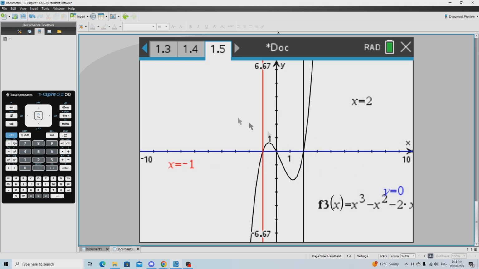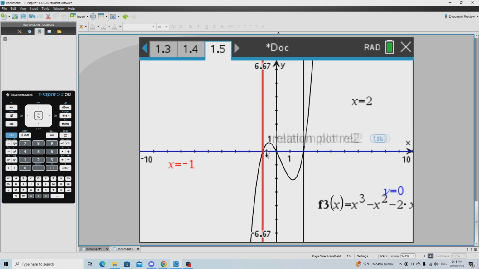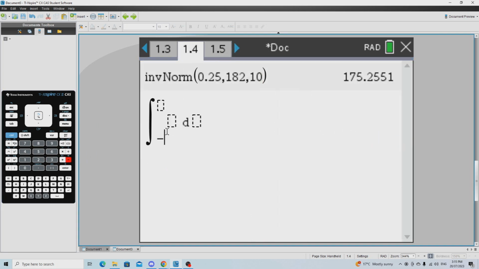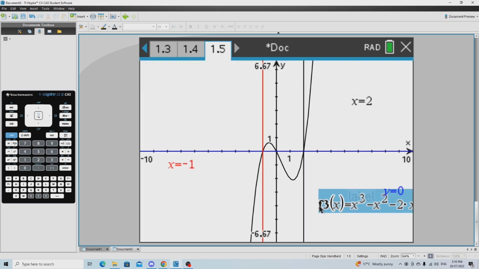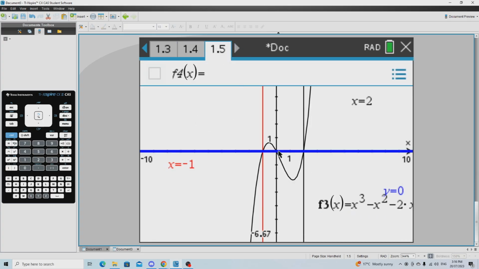So I'm going to move this. We want to find the area from this part and also this area over here. The first part, from negative 1 to 0, we can say the integral from negative 1 to 0 of the function f3 of x. This one will be negative, so we must turn it to positive.